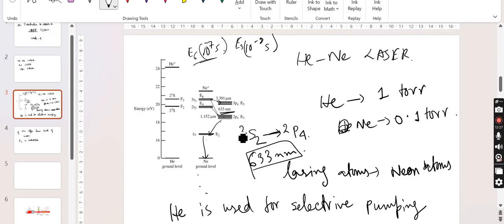Then they go to the ground level because of collision with the walls of the tube. And it is possible that an atom in this level absorbs the spontaneously emitted radiation in E3 to E2 to re-excite it. So from here they can go to E3, but that doesn't happen generally.